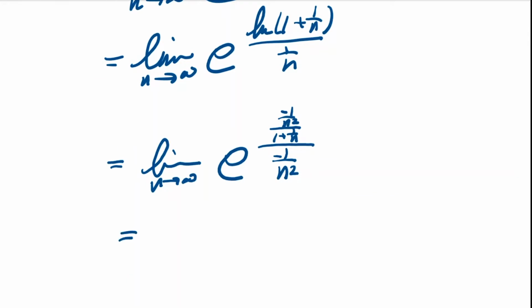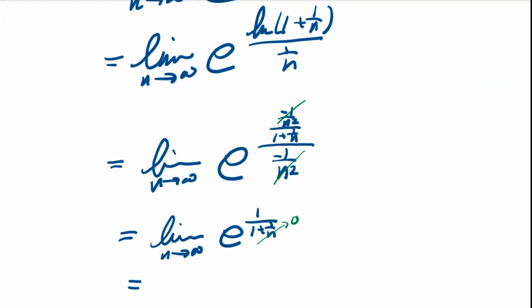Okay, then. So this thingy cancels this thingy, doesn't it? So what you have left is the limit as n approaches infinity of e to the 1 over 1 plus 1 over n. Eh? Say yes. Now we can take the limit, and this thingy approaches 0 right there.